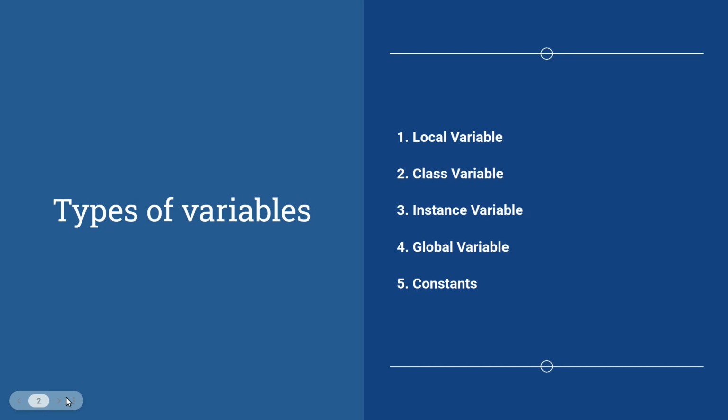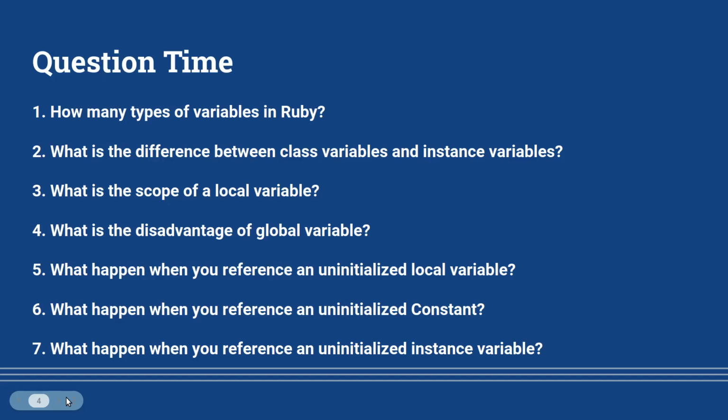Now that's for this section, and it's question time for you. Based upon this lecture, I have prepared seven questions for you, and I think you should prepare them. The first question is, how many types of variables are in Ruby that we have seen so far, and what is the difference between class variable and instance variable?